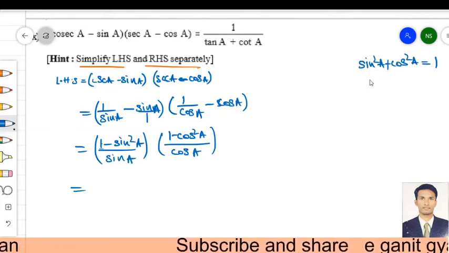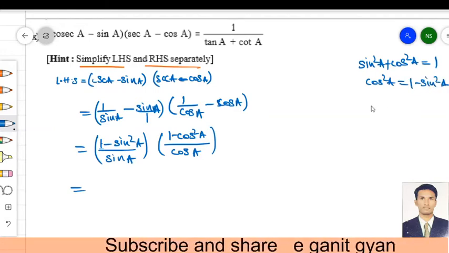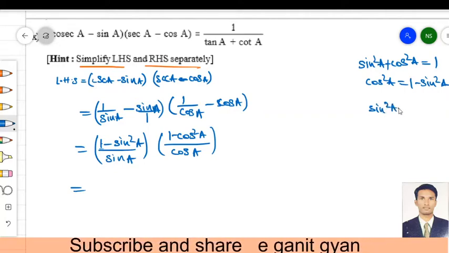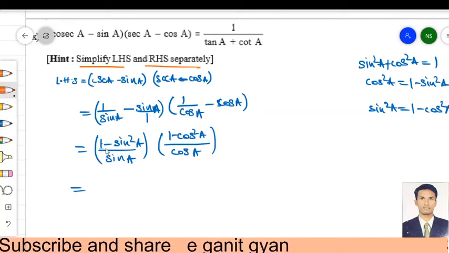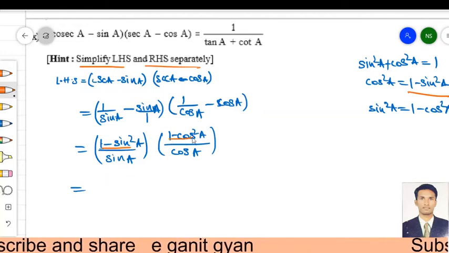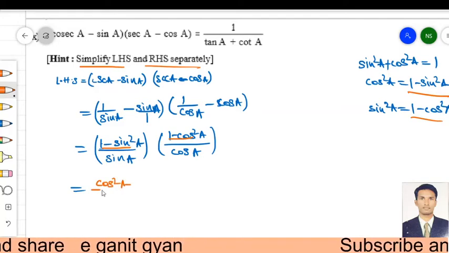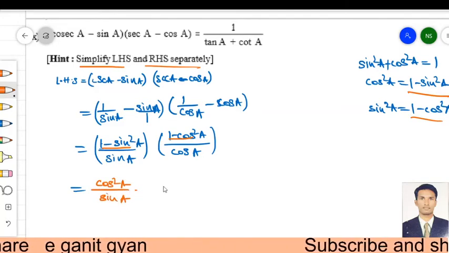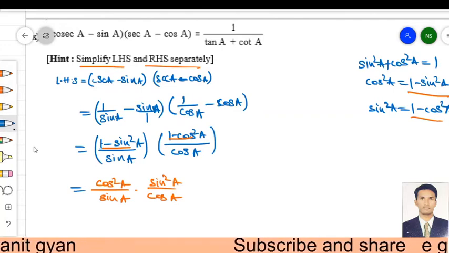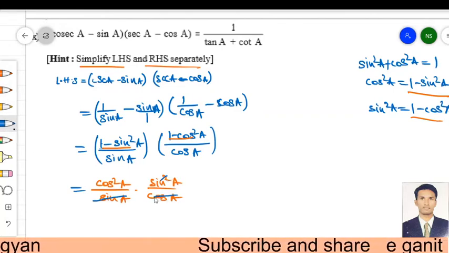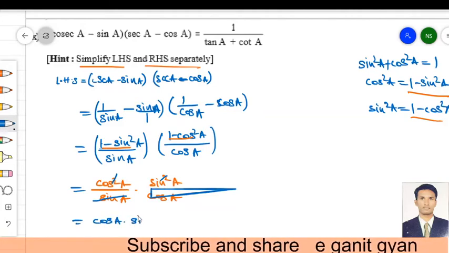From this we can write cos square A, which is equal to 1 minus sin square A, and sin square A, which is equal to 1 minus cos square A. Here we have 1 minus sin square A, 1 minus cos square A. So instead of that 1 minus sin square A, we can write cos square A by sin A into sin square A by cos A, and I can cancel here sin A and the square, cos A and the square. I will be left with cos A into sin A.